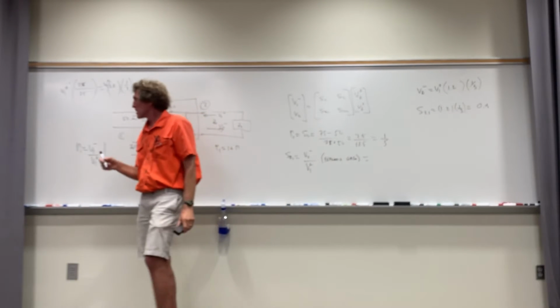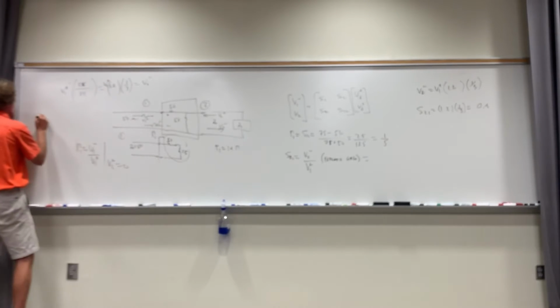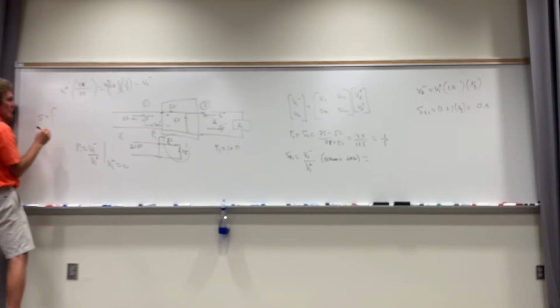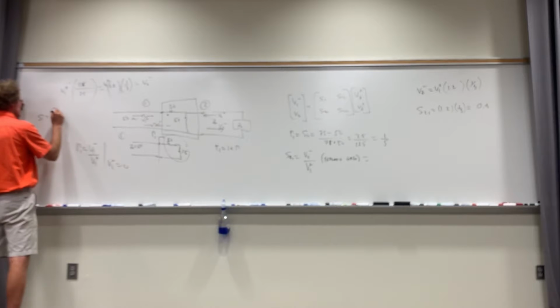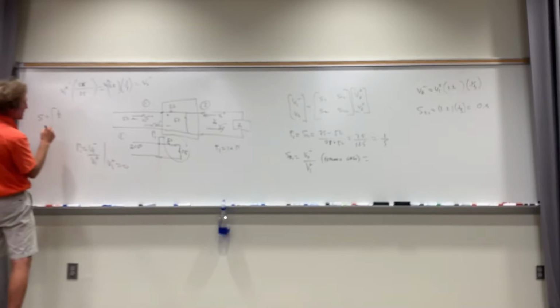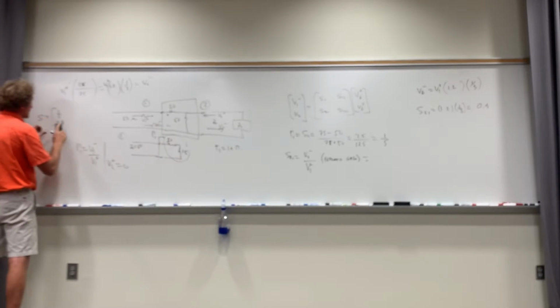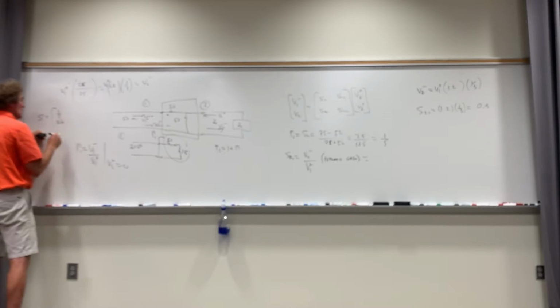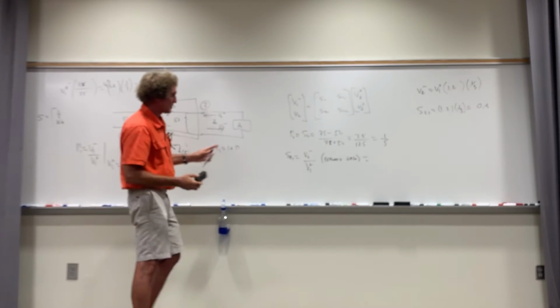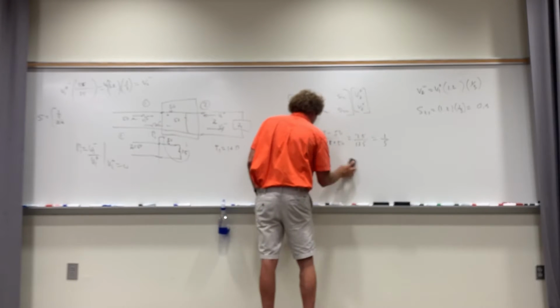Yeah, it's 2/5. All right, so this is my S matrix so far. I have 1/5, and then 0.4 here. Now I'm going to erase this right here.